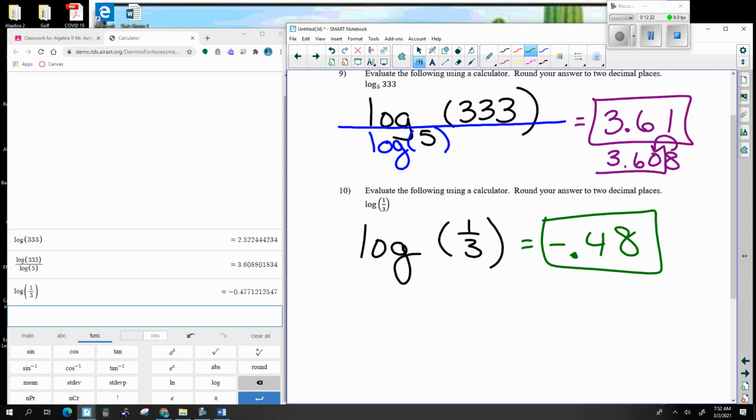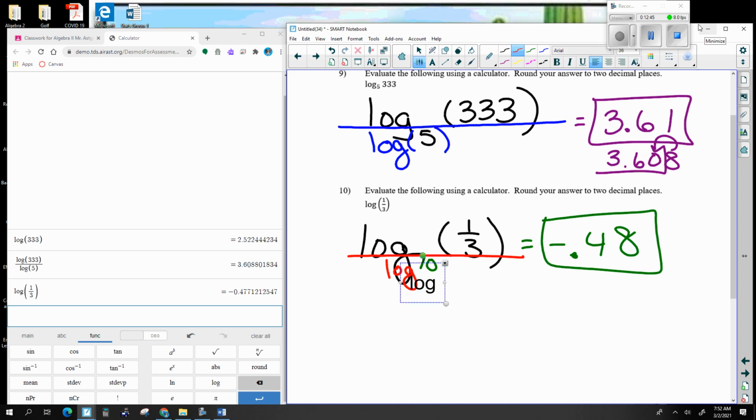Okay, if you see a log that doesn't have a base, like we do here in number 10, technically a log that is just a log technically has a base 10. So if you really, really wanted to rewrite this, this would be log of 1/3 over log 10, and you'll get that same answer.